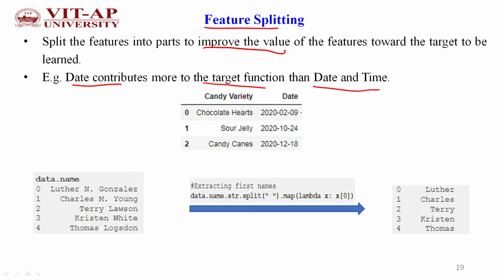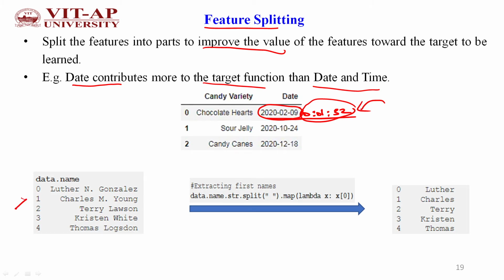Date and time includes the time, for example 10 o'clock, 1 minute and 32 seconds. Instead of this entire value, only the date will give you more information. So we are ignoring the time of that day. We have split date and time, and we ignore the time.